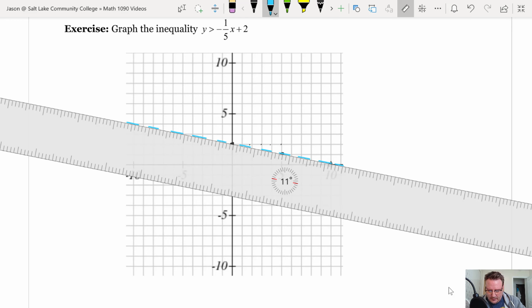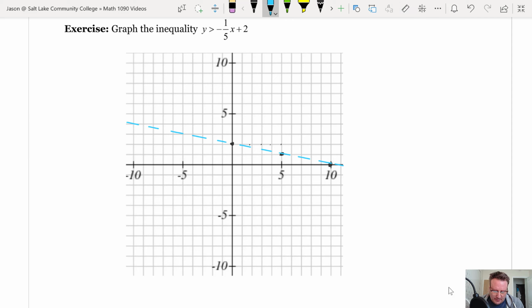Okay, and now I've got to pick a test point. I'm always going to pick the origin if it's available to me. As long as your line doesn't go through the origin, it's available. So let's see, does 0, 0 satisfy the inequality? Is 0 greater than 0 plus 2?